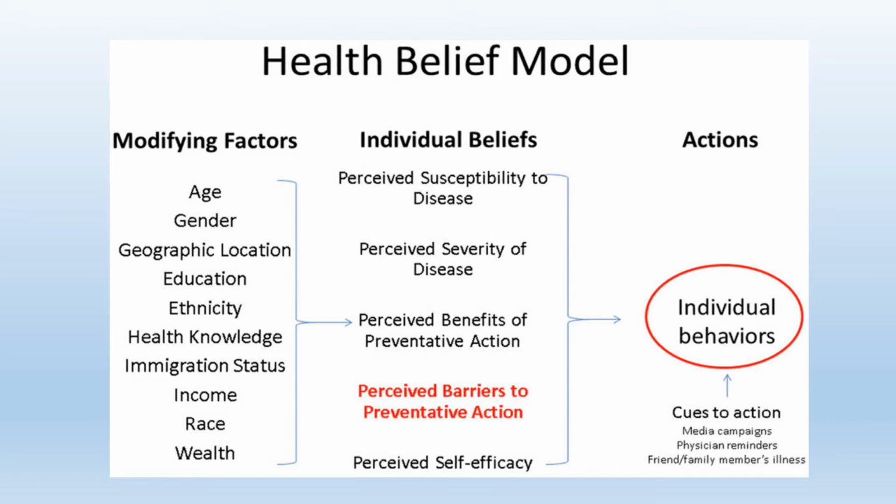Ethnicity, health knowledge: how much knowledge a person has related to health, health concerns, how much he knows about healthy tips. Immigration status, income of a person is very important because it decides how much a person can manage economically, race and wealth. So all these modifying factors lead to the formation of individual belief, which we have discussed earlier: perceived susceptibility to disease.